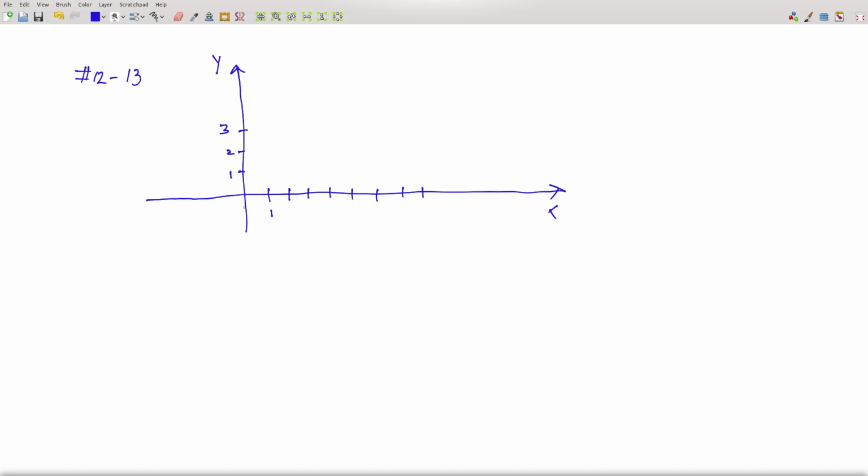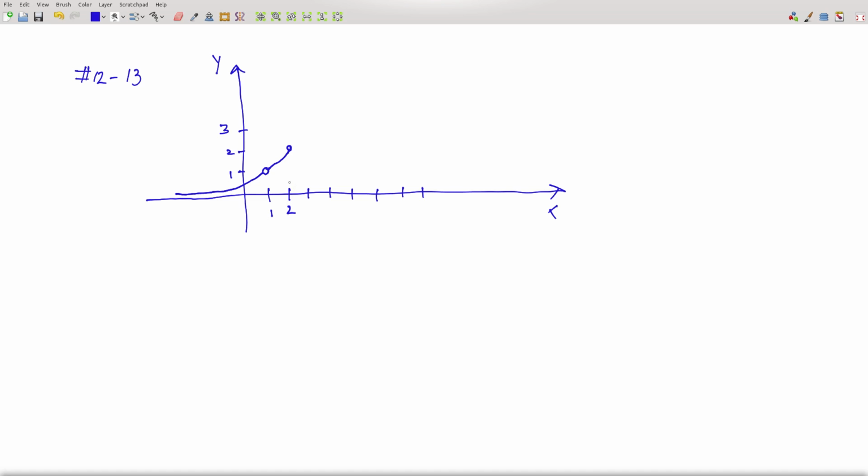And the graph is doing something like this. The graph comes something like this here. It goes to x equals 2, and at x equals 2, it goes up to f of x equaling 2, so it's doing something like this.